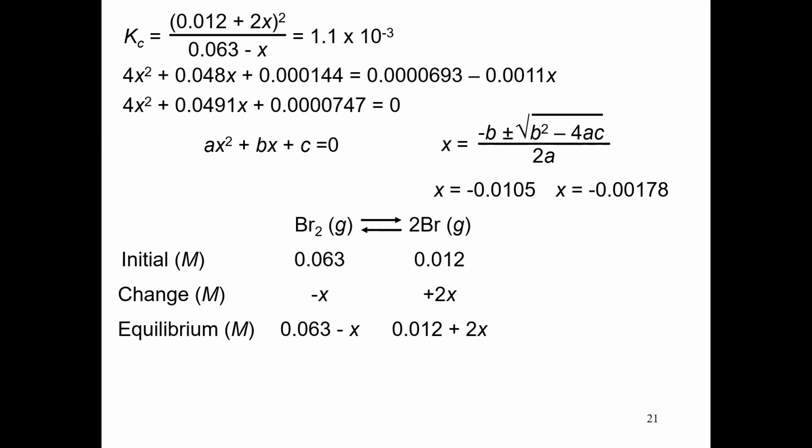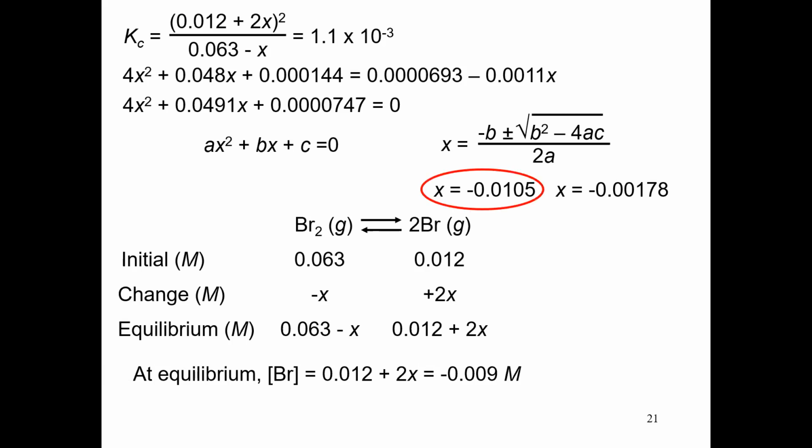So you plug those values in there and see which one works. There's two possible values of x that could be a possible answer. At equilibrium, it's minus 0.09 molar. Now, is that possible? No.